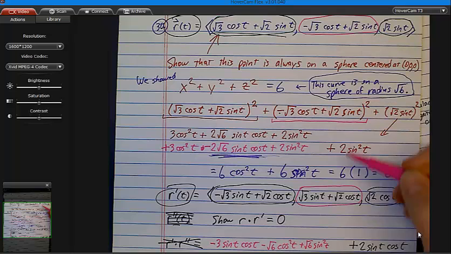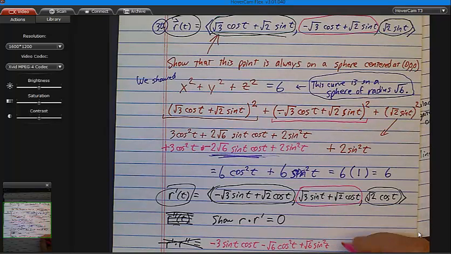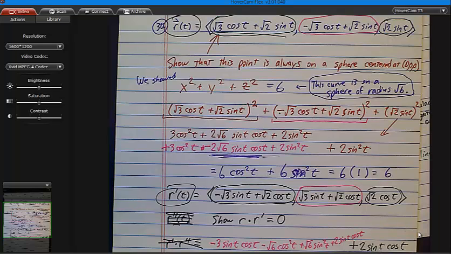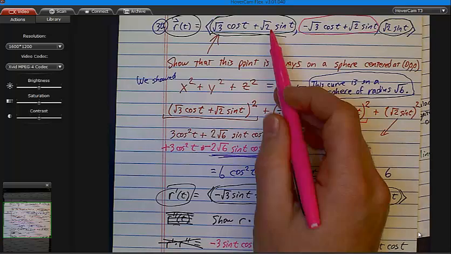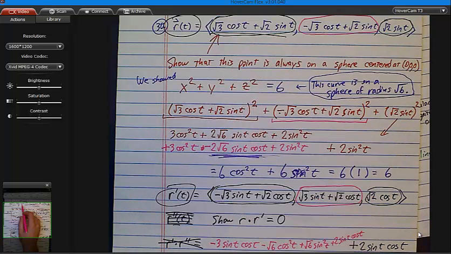And then last, I get plus 2 sine t cosine t. Wow, there's a plus 2 sine t cosine t there, just like one here. I wonder if I actually get minus 4 sine t cosine t in the other piece. I hope so. Oh, I get plus another 2, but then I get minus a 3. It does work. Wow, that's cool. That's enough.